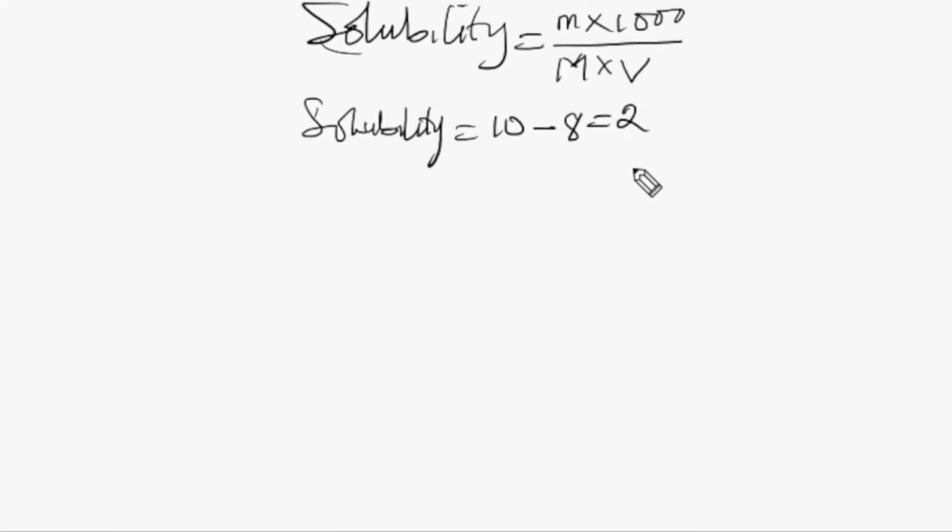Since we've gotten the solubility, we can calculate the molar mass of this substance. Since it's sodium chloride, sodium is given as 23, and chlorine is 35.5. So we can say the molar mass is 23 plus 35.5.